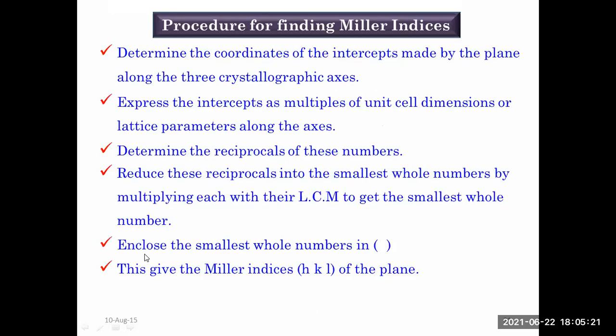So what is the procedure to find the Miller indices, and what is the use of studying them? Miller indices are mathematical notations, smallest possible integers, which give us information about the occupancy of the atoms, molecules, or constituent particles residing inside the crystal.